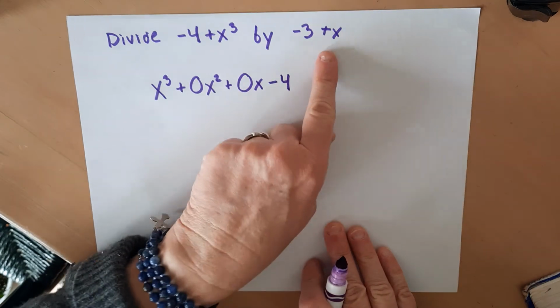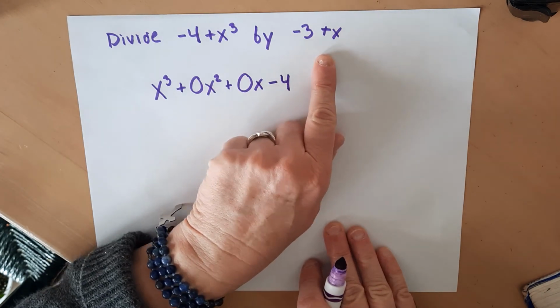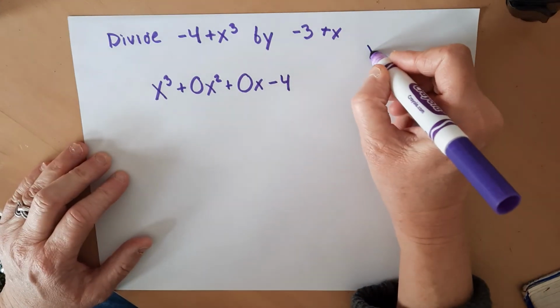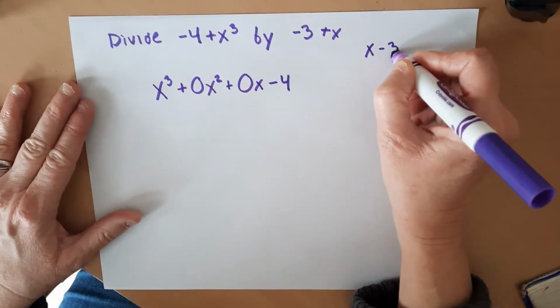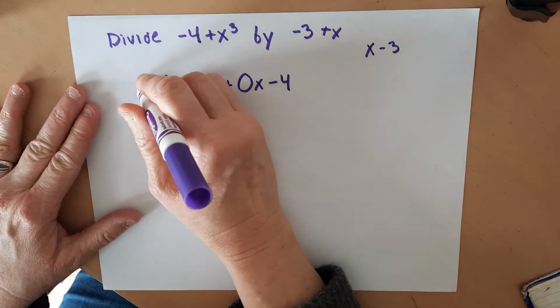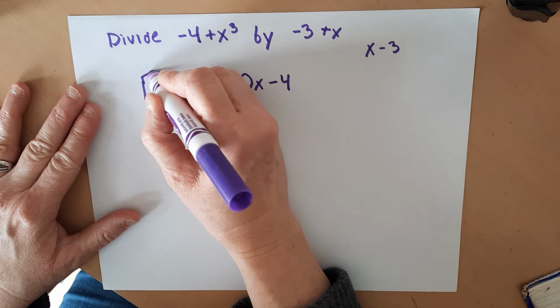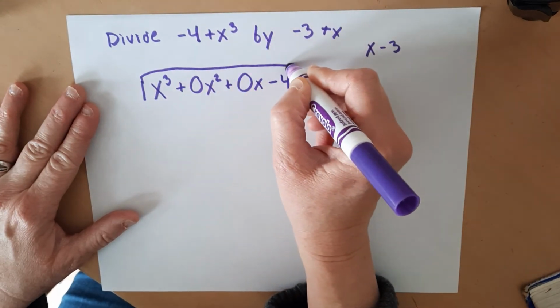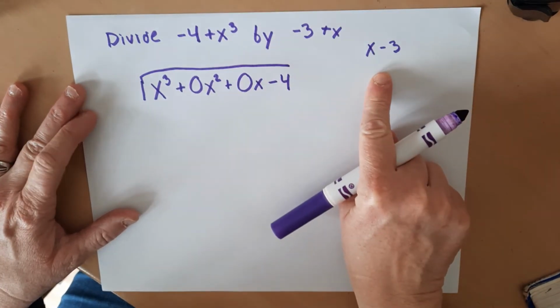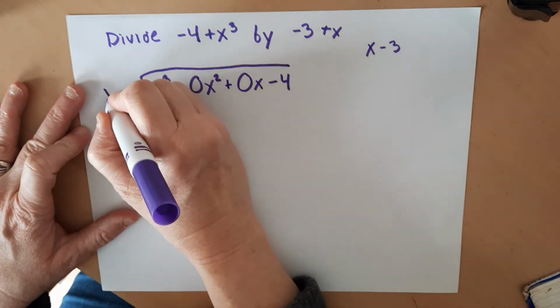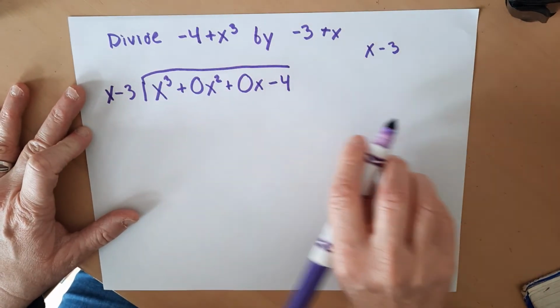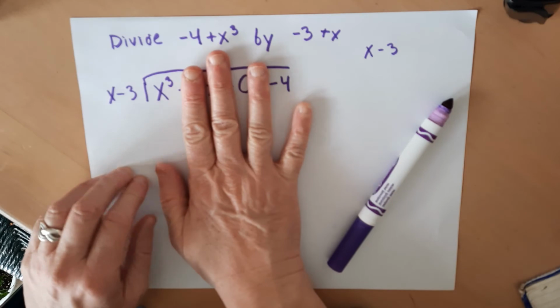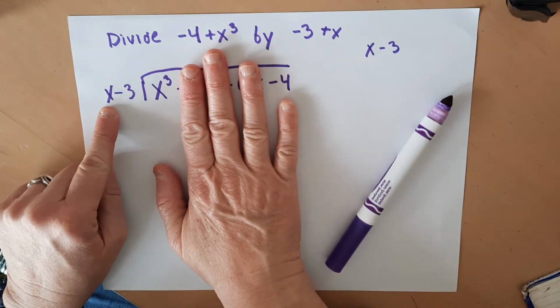Okay? So in here, we can just put the x first and subtract the 3. So we're going to go ahead and do that. That polynomial now can go under our division sign, and this can now go in front of the division sign. First step is to just look at the x cubed and just look at the x.